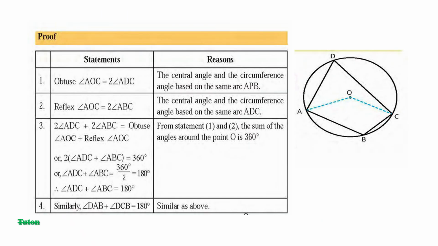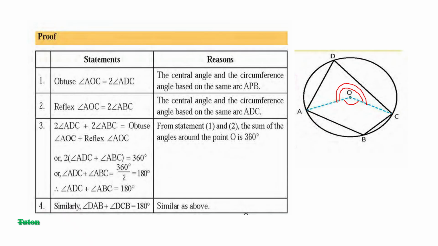Now moving on to the proof that the opposite angles of a cyclic quadrilateral sum to 180 degrees. Here we need to understand firstly that angle AOC has two angles. This angle would be called the obtuse angle AOC, and this angle suggested by two lines would be called the reflex angle AOC.